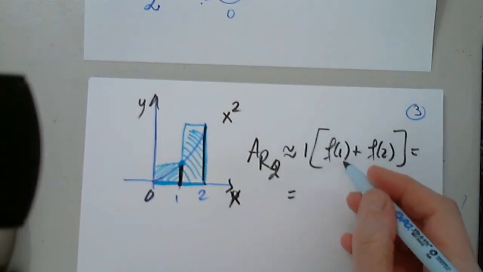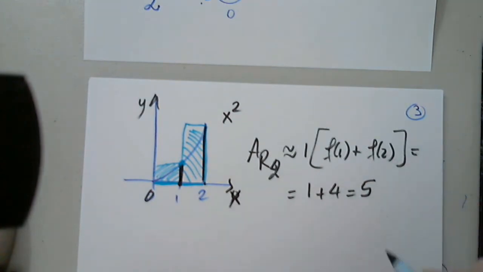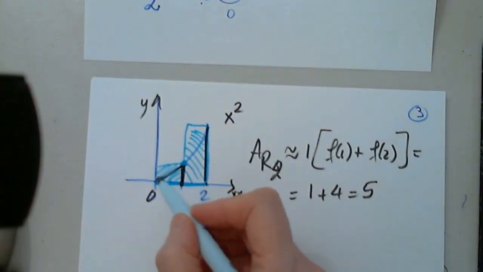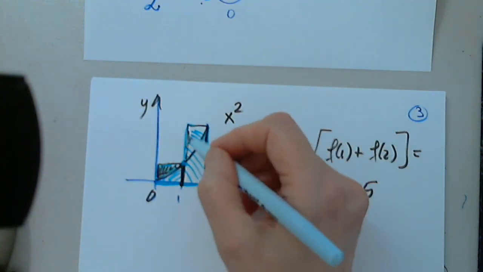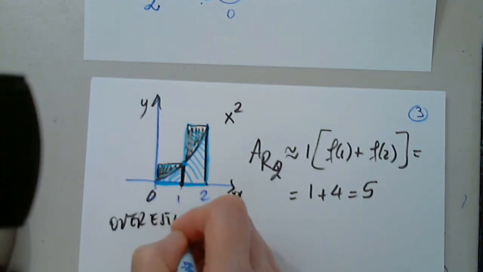So f of 1 is 1, f of 2 is 4, and this is 5. So is this an underestimation or an overestimation of the exact area? Overestimation, of course. This area is not under. Grossly overestimate.